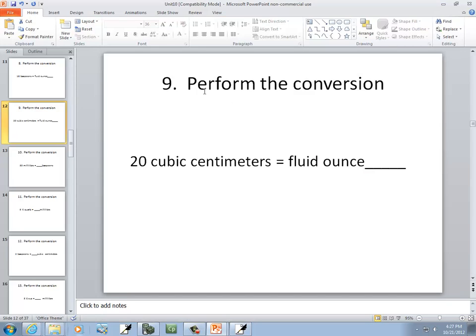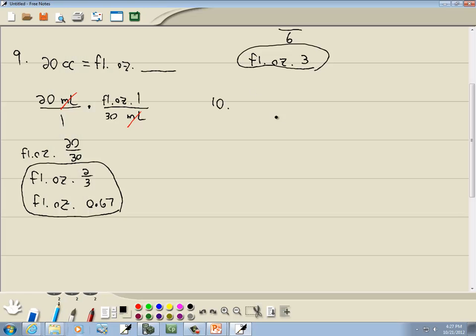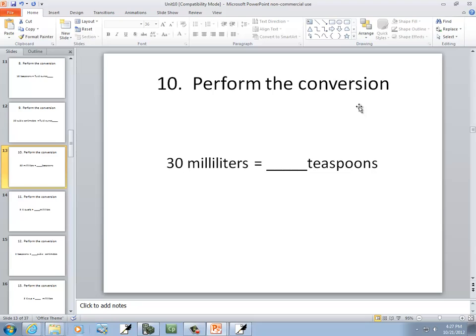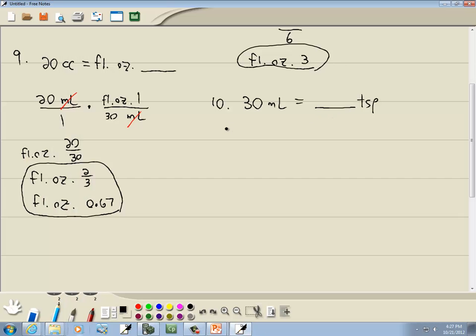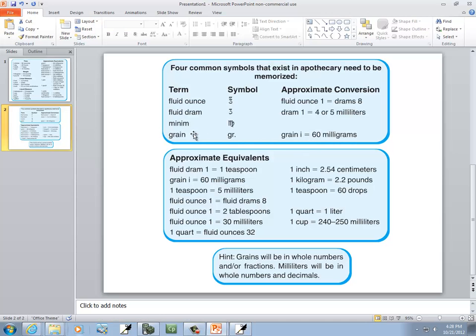Let's look at our next problem. 30 milliliters equals blank teaspoons. Dimensional analysis says we have to put 30 milliliters over 1. No matter what, milliliters is up here, milliliters has to be down here. Now let's go see if we can find some kind of tie between milliliters and teaspoons.